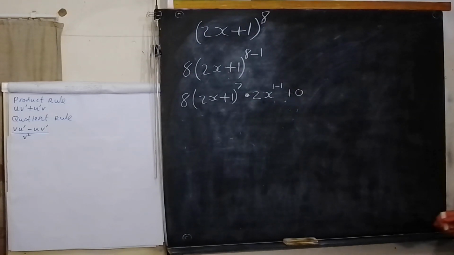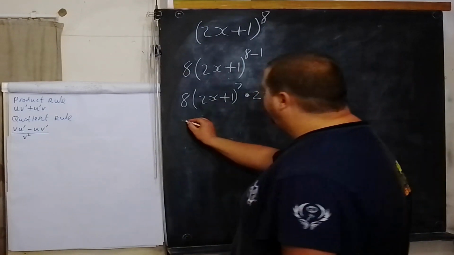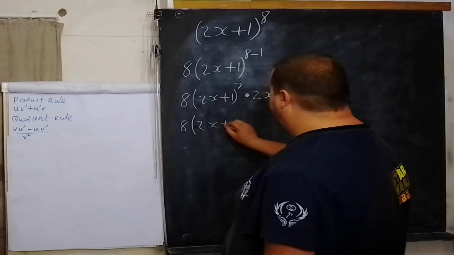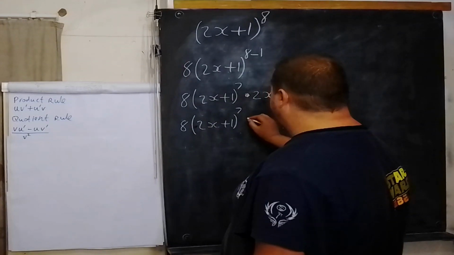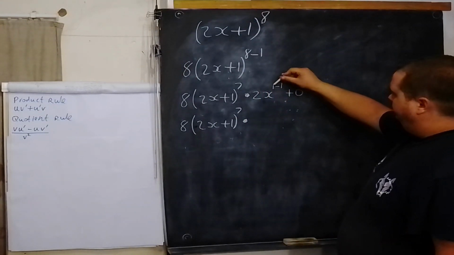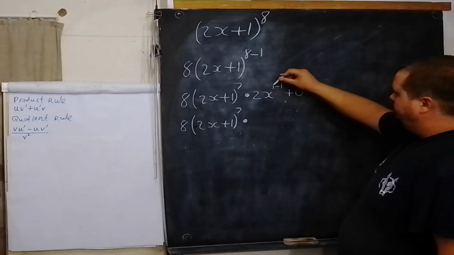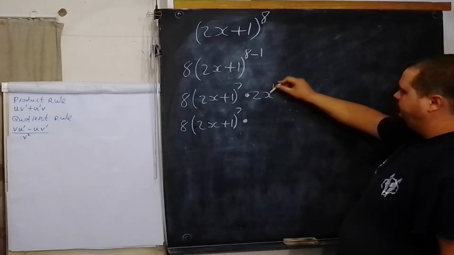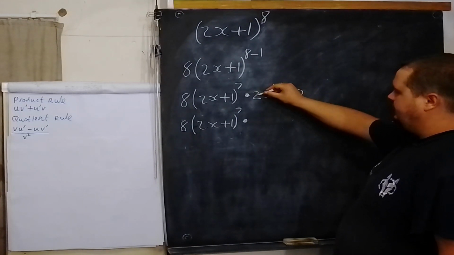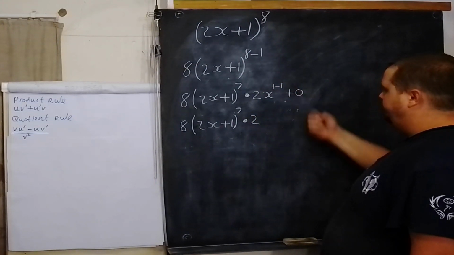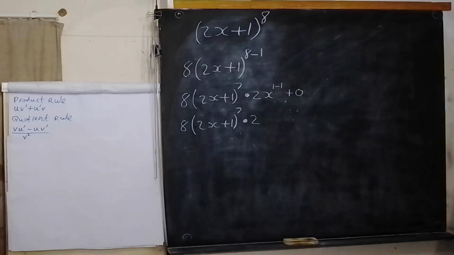So next step: 8 times (2x + 1) to the power 7 multiplied by, now x to the power 1 minus 1 is x to the 0. x to the 0 is 1, because anything to the power 0 is 1. So 1 times 2 is 2, and you don't need the 0.